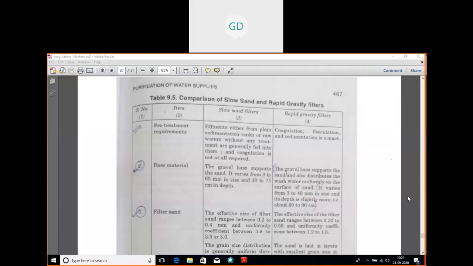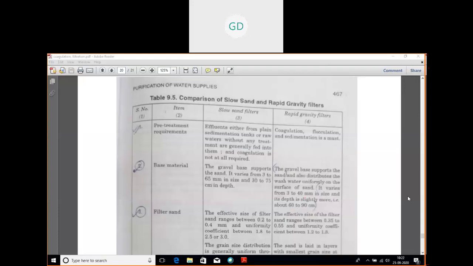This difference is based on the items already mentioned. But if in any interview or viva, it is asked that you need to differentiate between slow sand and rapid gravity filters, then no need to differentiate based on items. You first tell the major difference.